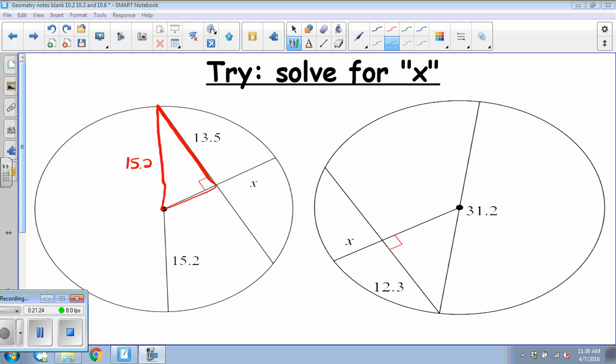What's this? The whole thing. Radius 2. That's the radius also, so that's also 15.2. So if you figure out this, you could subtract it from 15.2 to get that. So we use this little right triangle. I'll call this y, just because there's already an x there.